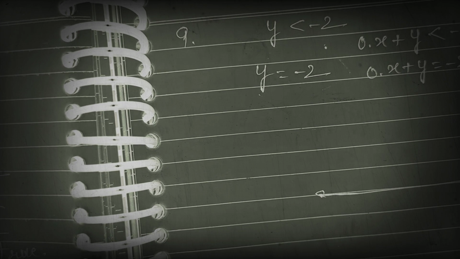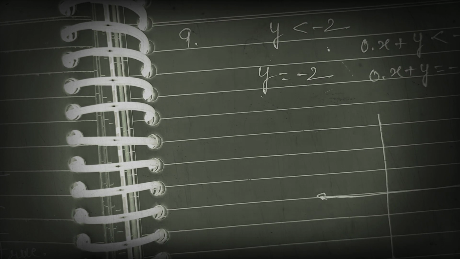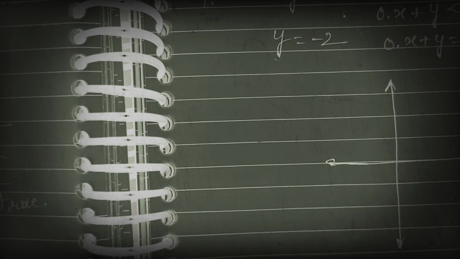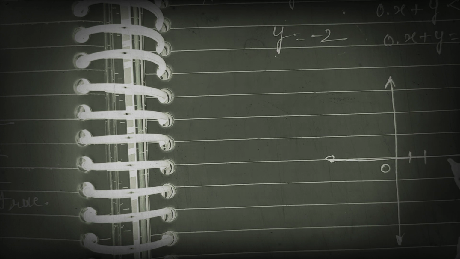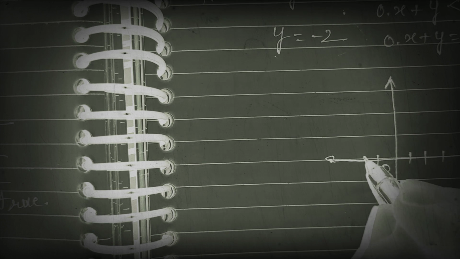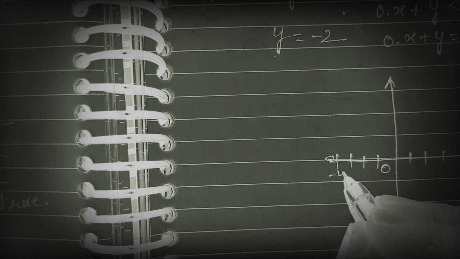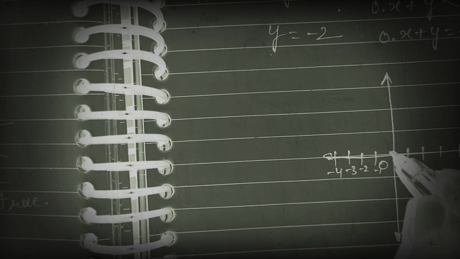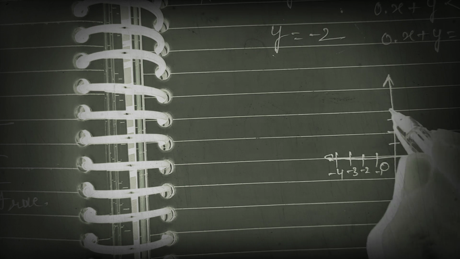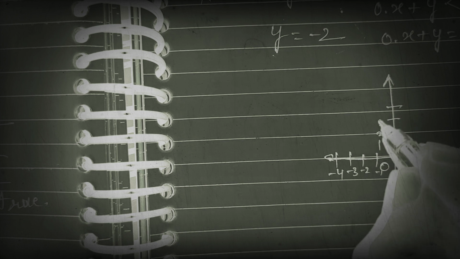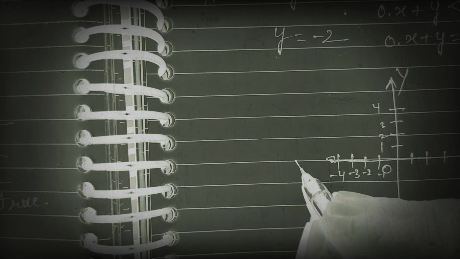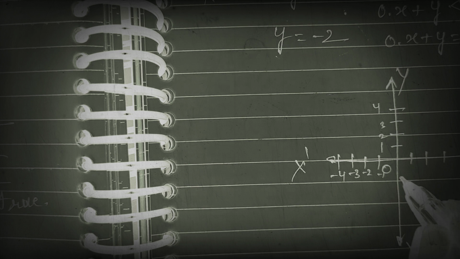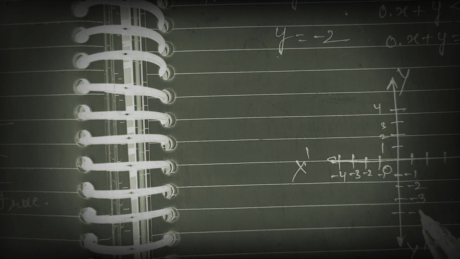So in this question, this is the x-axis, this is the y-axis. Clear? 0, 1, 2, 3, 4, -1, -2, -3, -4. It is 1, 2, 3, 4 on the y-axis, and -1, -2, -3, -4.